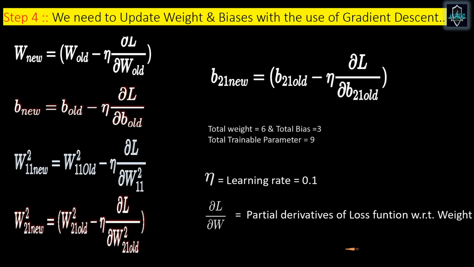Gradient is a partial derivative, so we are calculating the gradient of the error function, and we are finding derivatives of the loss function with respect to all the weights. Alright, I hope you are getting my point. So in short, those 9 derivatives are all we need to calculate, because all the other values, like the learning rate eta, we already have. If I find the values of the derivatives, then it will start working, right?